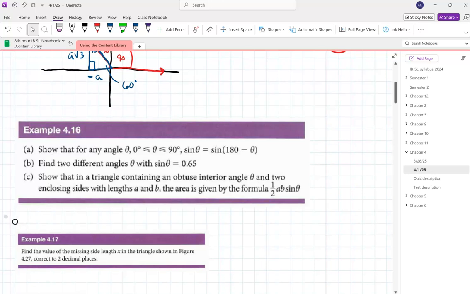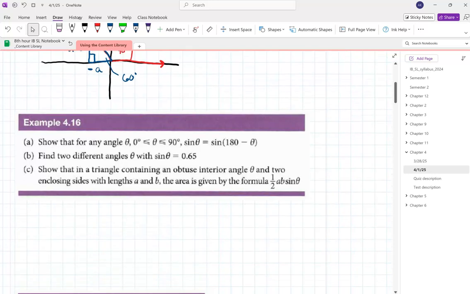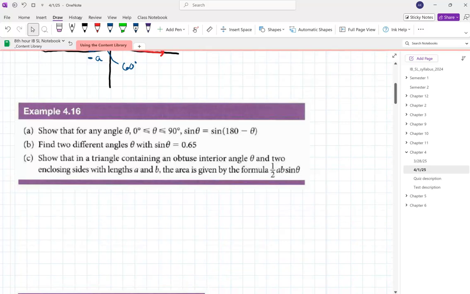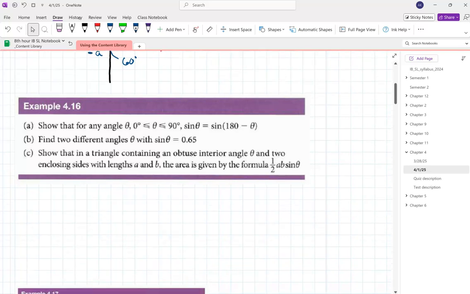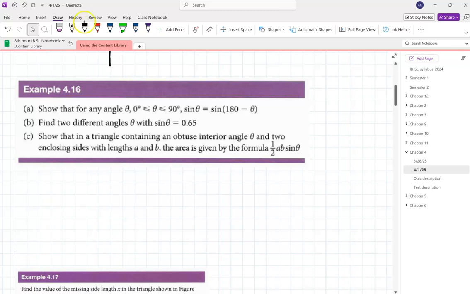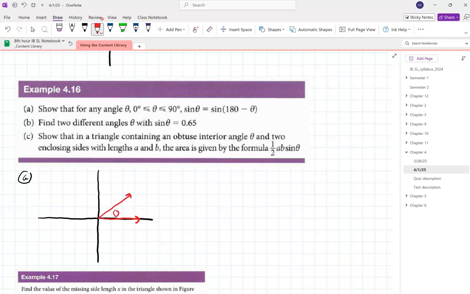Next one says, show that for any angle between 0 and 90 degrees, sine of theta is the same as sine of its supplement. So I guess the way I would do this is I would do it geometrically. So here's theta, right? So I'll call that point up there x comma y.